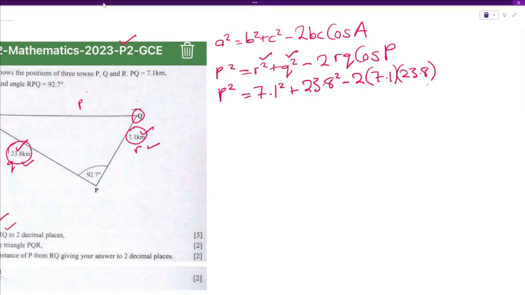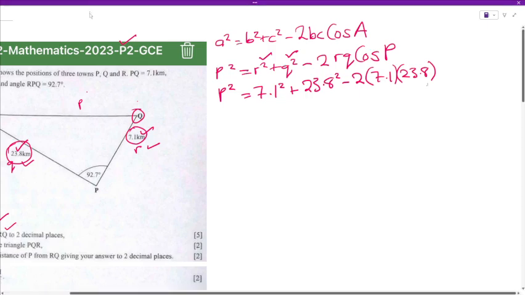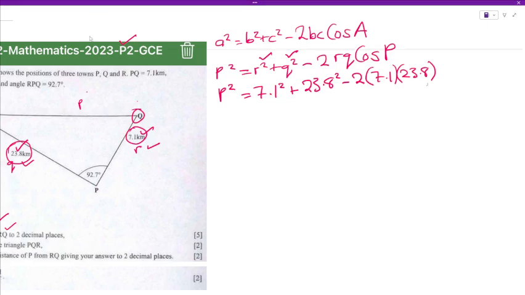Trying to switch to my marker, but it keeps misbehaving. Okay, what's going on? All right, so the angle at P is 92.7. So we're going to say cos 92.7, right? Yes. Then we're going to say P squared will be equal to, we now punch everything.